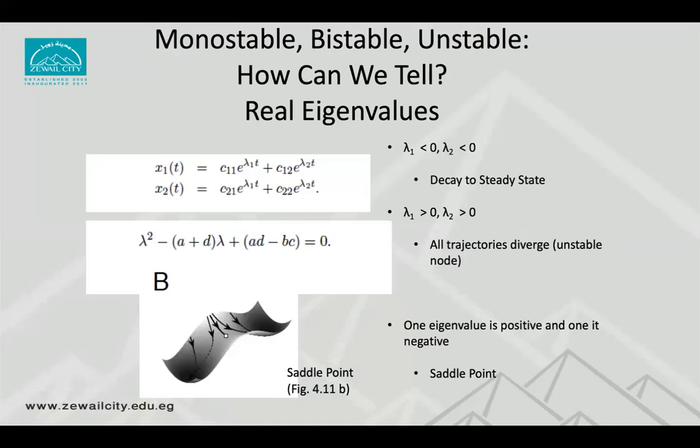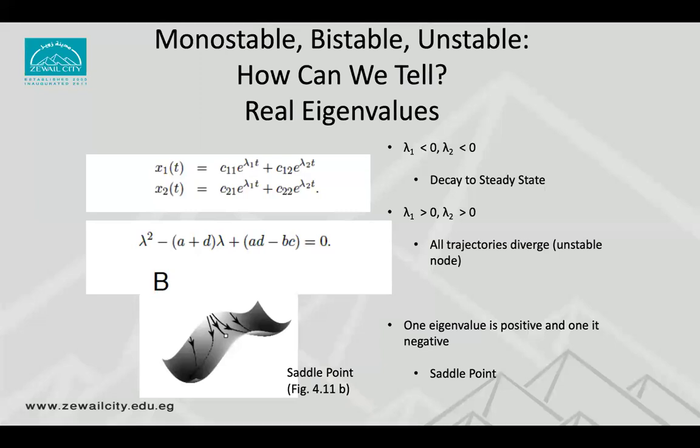If the eigenvalues are both negative, then you just get exponential decay. If the eigenvalues are both positive, you get divergence. So with the negative eigenvalues, you have a stable steady state. With the positive eigenvalues, you have an unstable state, which leads to divergence. And if one eigenvalue is positive and one is negative, then you have a saddle.